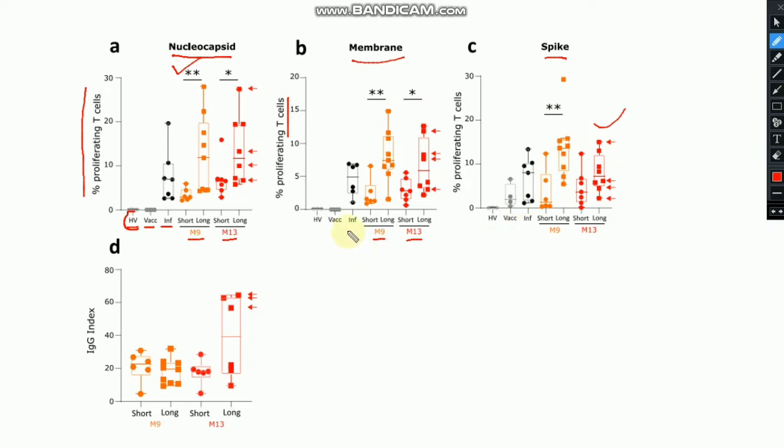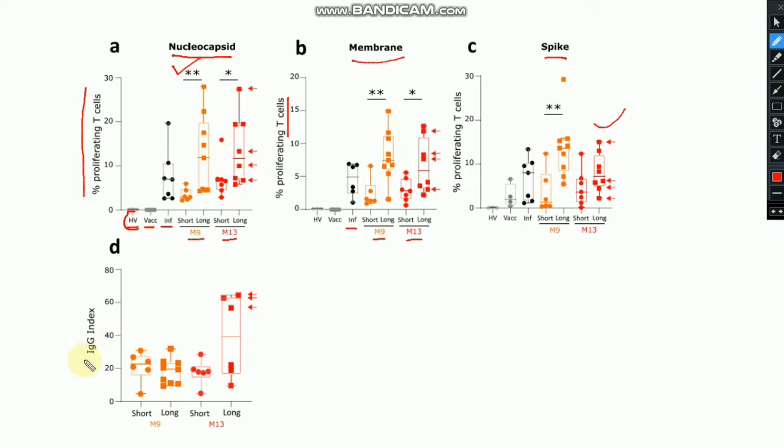But in the case of the shorter period of time, in the individuals that got infected, the proliferating T cells are lower compared to the longer time period.